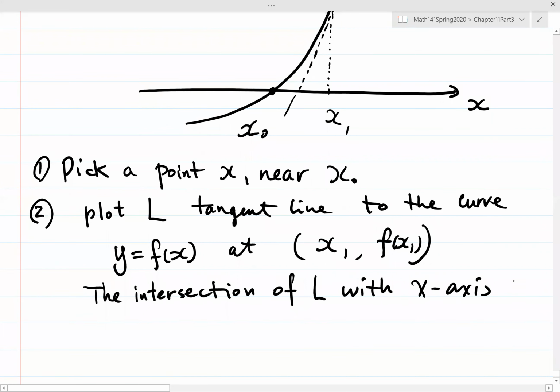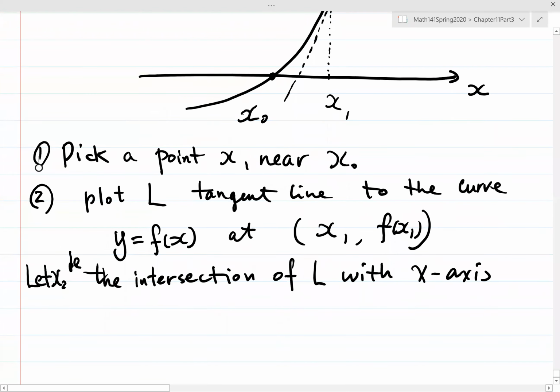Define the intersection: let x2 be the intersection of line L with the x-axis, i.e. x2 is L intersect x-axis.